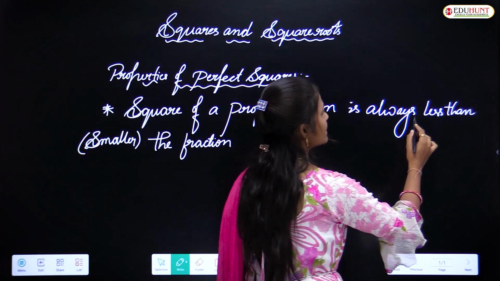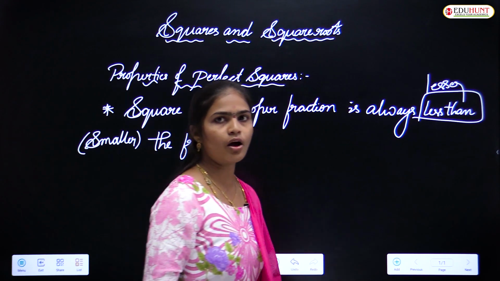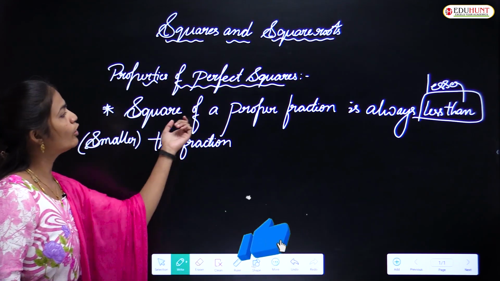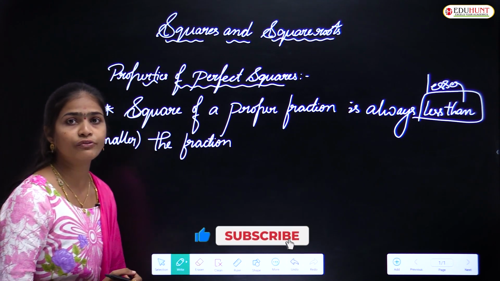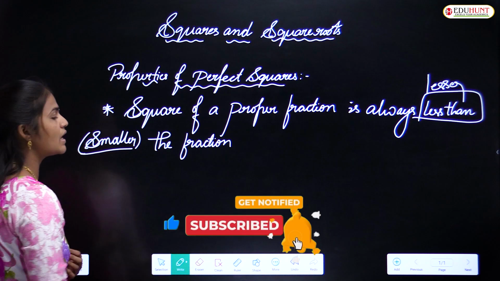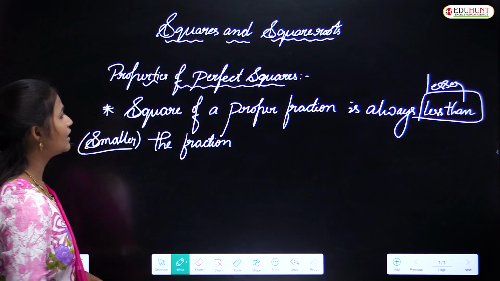Here, less than means lesser or smaller. So what is the meaning of this? The square of a proper fraction is always lesser or smaller than the given fraction.